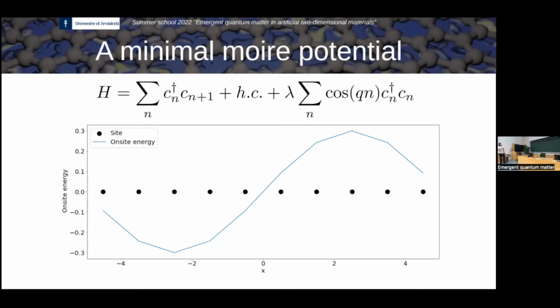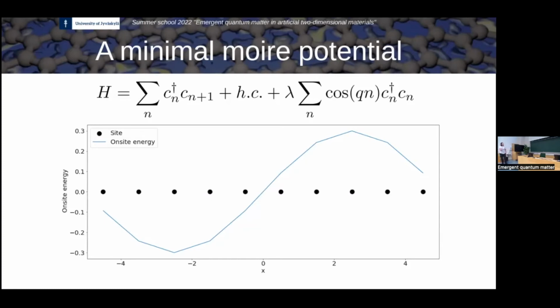Now, the bottom line is that, of course, if you take a random value of Q, in principle, the potential that you are going to get is not going to be commensurate with your lattice. And in particular, if you take a value of Q that is 2 pi times an irrational number, then you are never going to repeat the same potential ever in space.